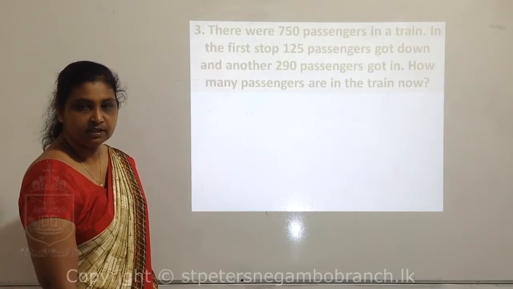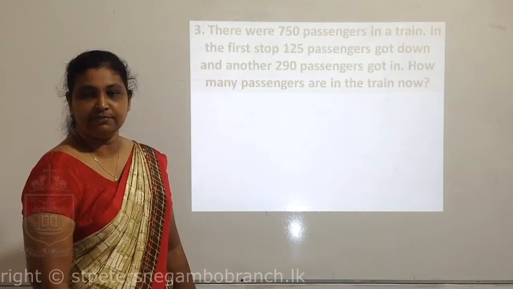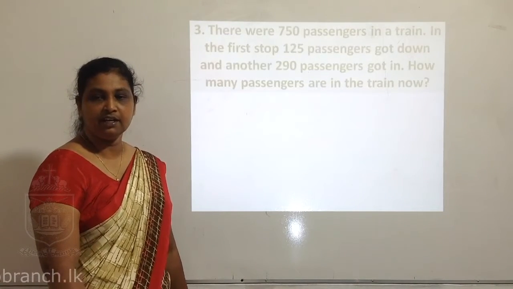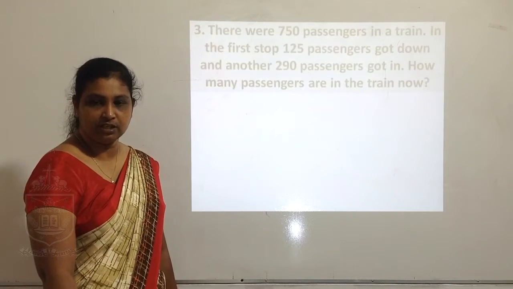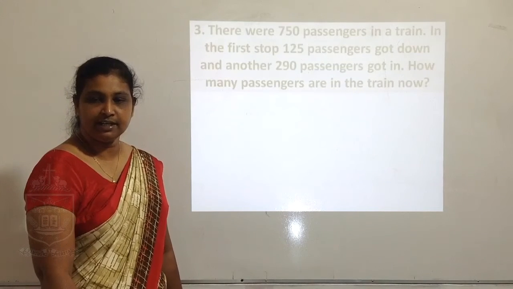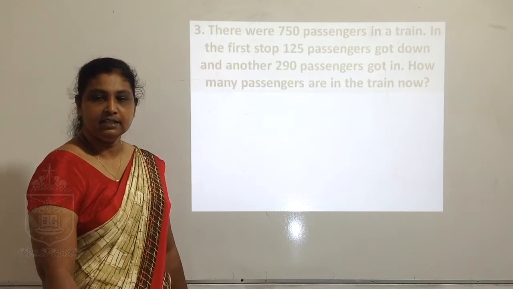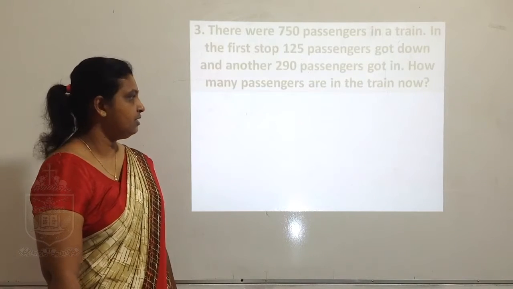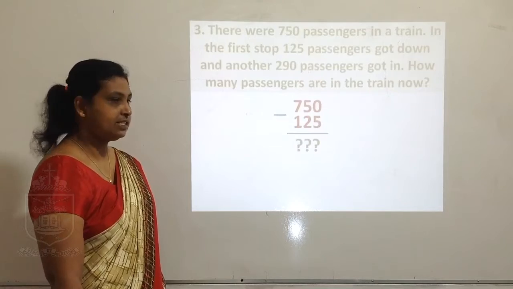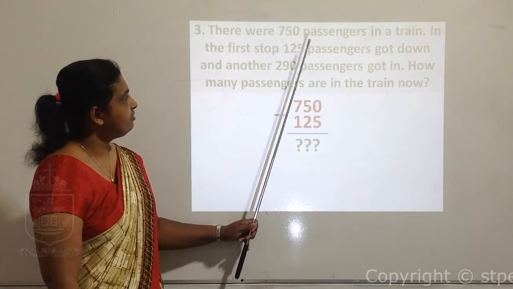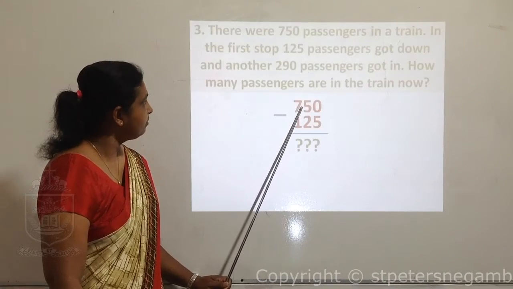Third one. There were 750 passengers in a train. In the first stop, 125 passengers got down and another 290 passengers got in. How many passengers are in the train now? Okay, now we see the first step of the answer. 750 passengers in the train.